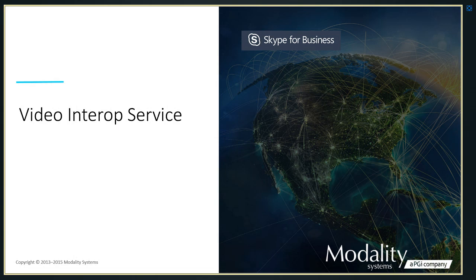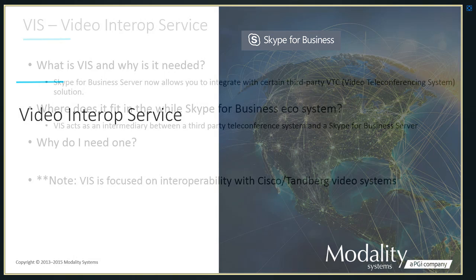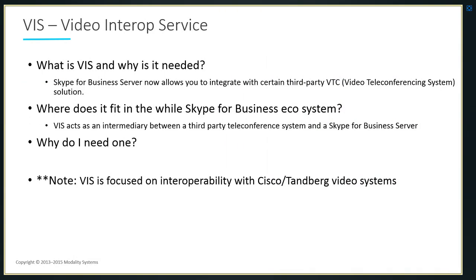So finally, let's move on to our final detailed agenda point. This one's called the video interop service. So video interop is a new technology which is part of the Skype for Business deployment.